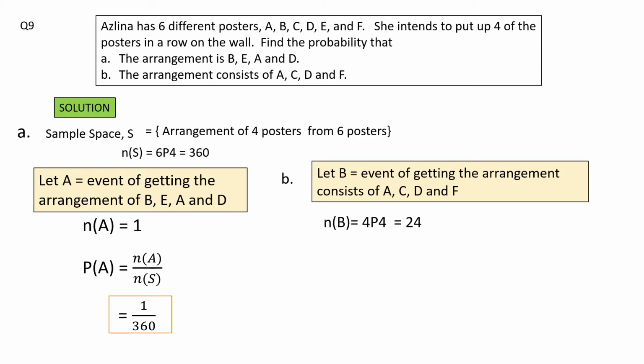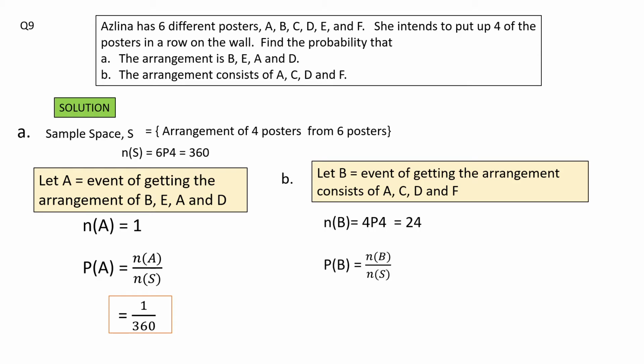So the total number of event B will be 4P4, or you may use 4 factorial. We have 4 posters, A, C, D and F. The total arrangement of these 4 posters will be 4P4, which equals 24. You may use your calculator to get the answer.